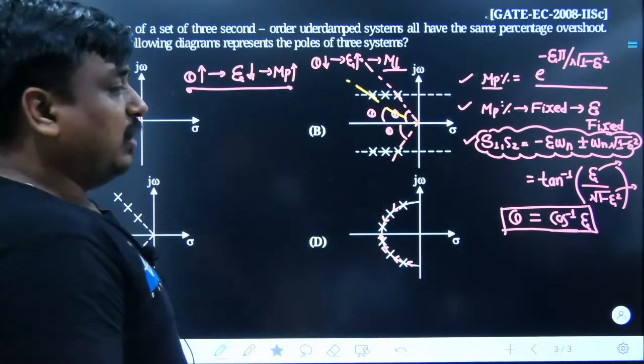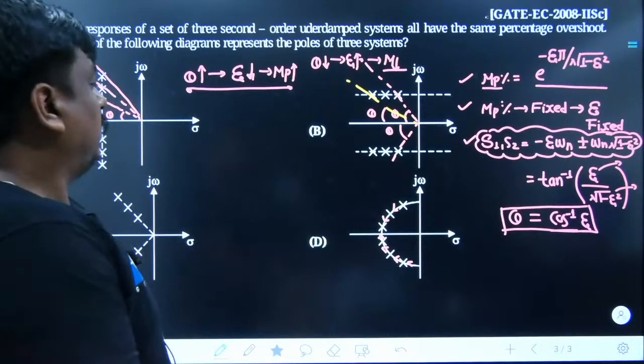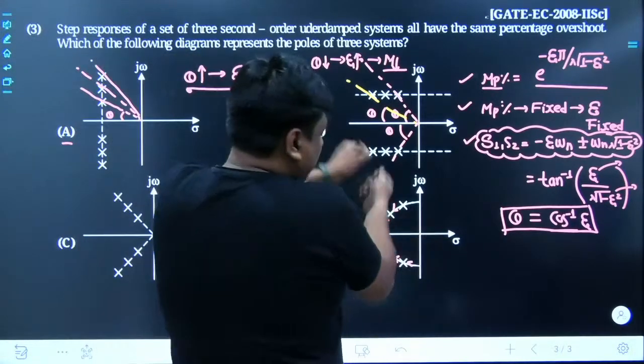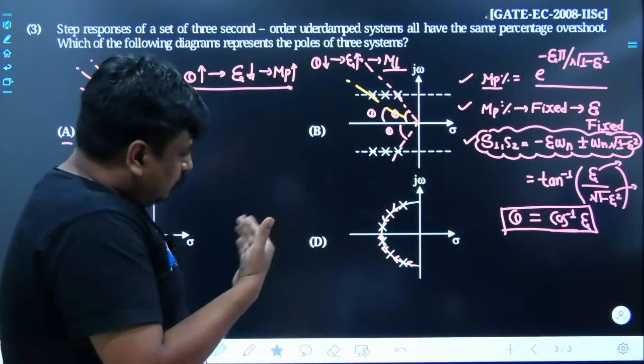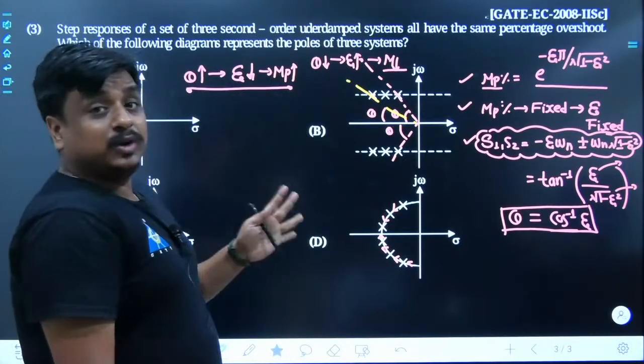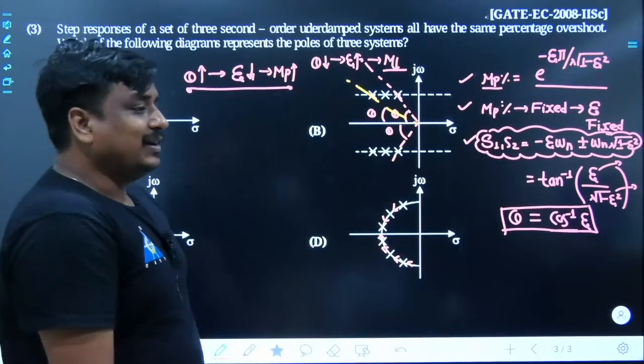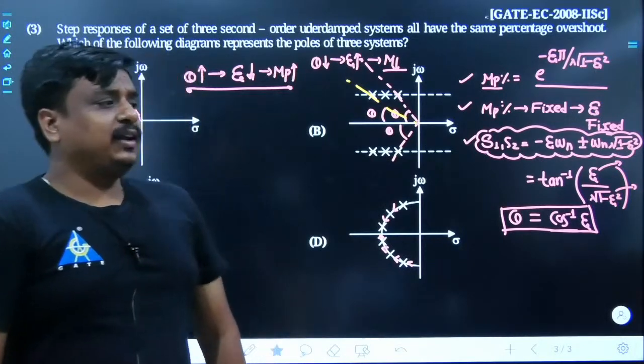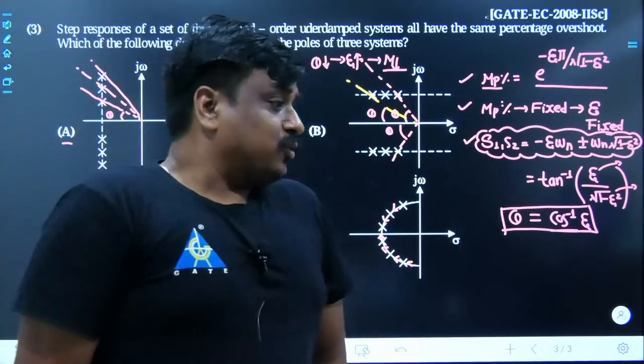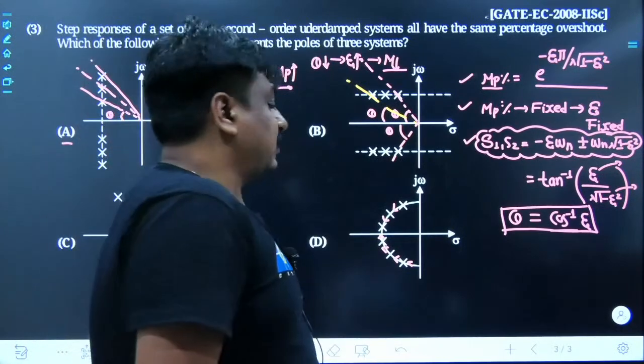Forget about C. I would like to have the answer for D. As the movement of the pole is circular in nature, and as the poles are moving circularly, what would be the effect on MP? Would it increase or would it decrease?